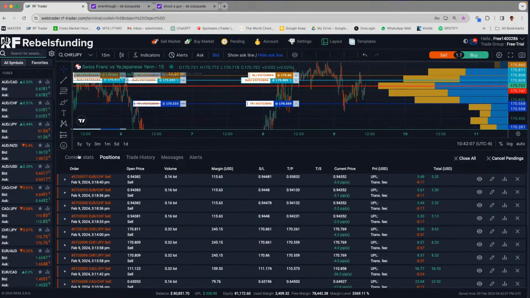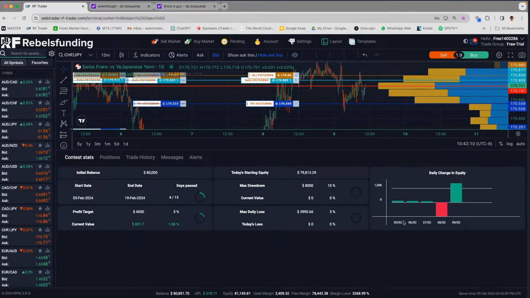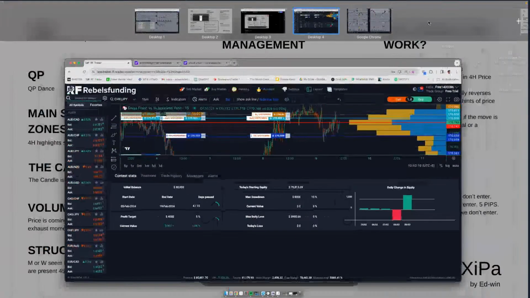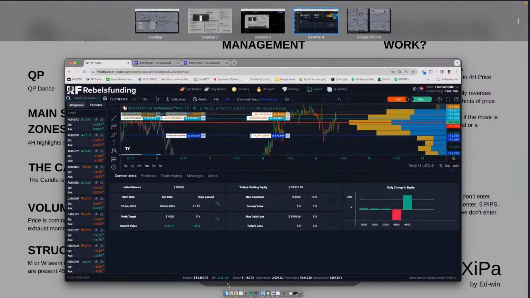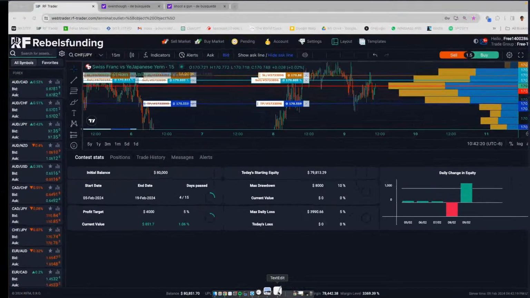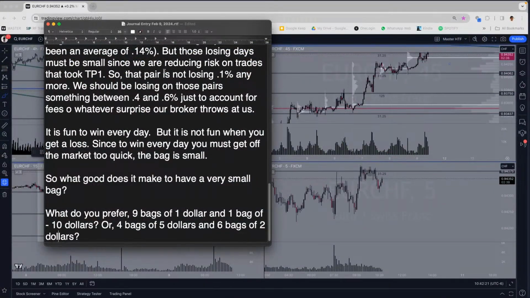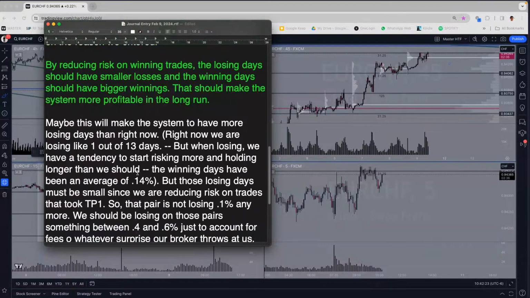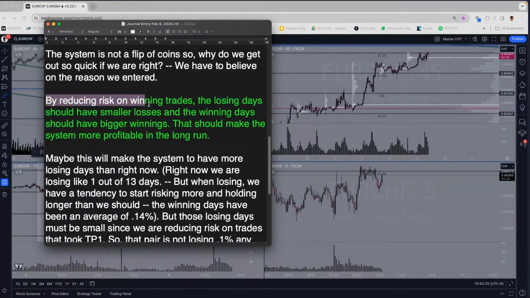Anyway, I'm happy with the ideas that I am working on right now, which are the concepts of this concept right here. By reducing risk on winning trades, the losing days should have smaller losses and the winning days should have bigger winnings.